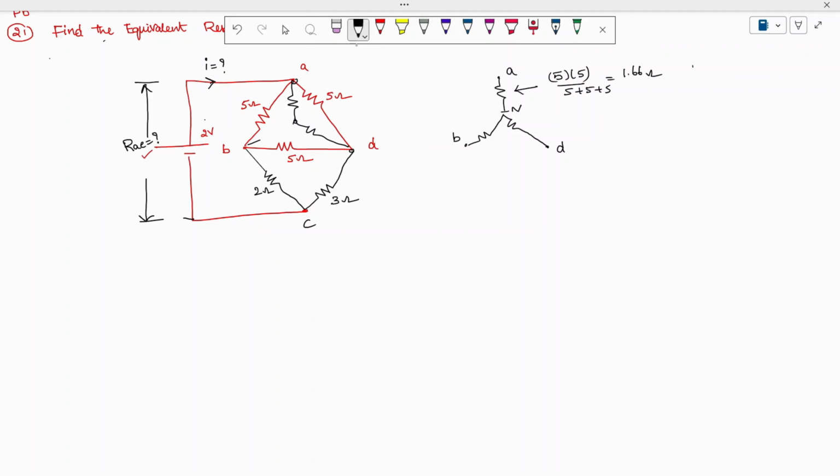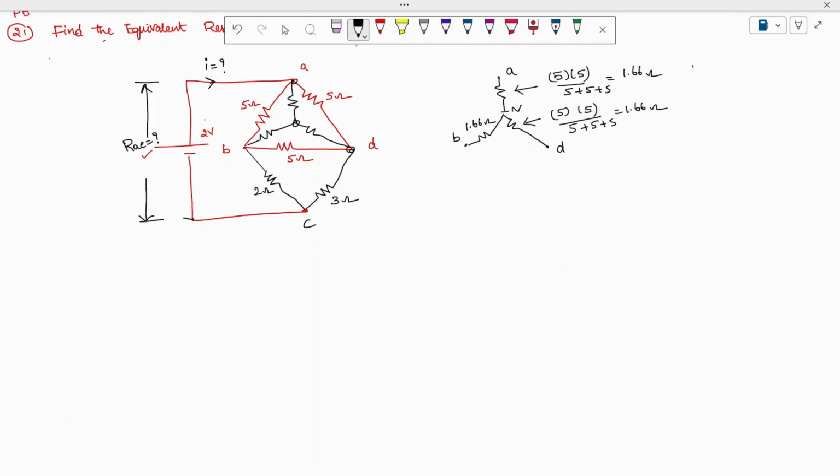This black color resistor is connected between two red, so the formula is the product of 5 into 5 divided by the sum, 5 plus 5 plus 5. Here you are going to get 1.66 ohms. So this resistor also, with the same formula, we are going to get 1.66 ohm.